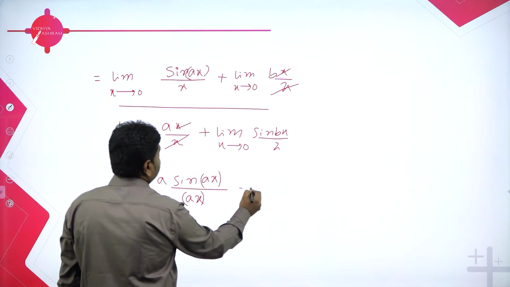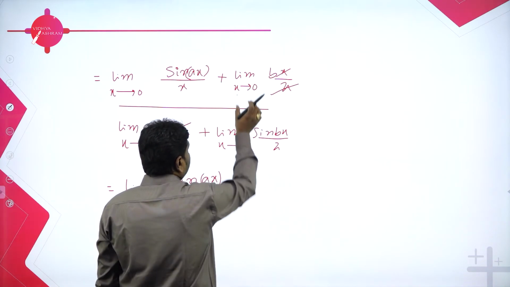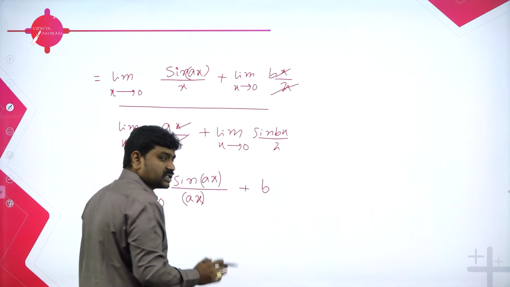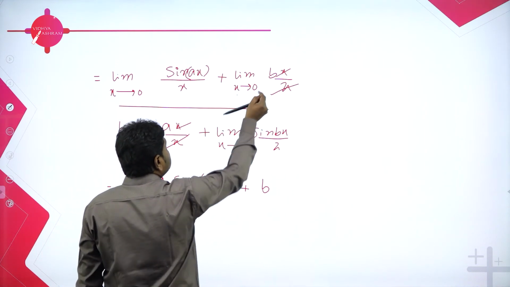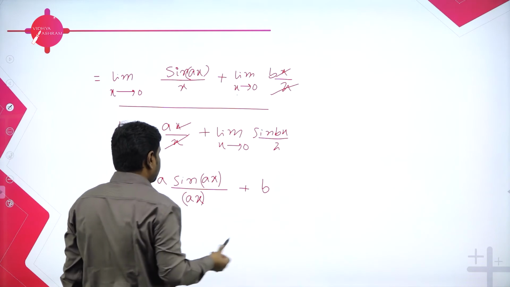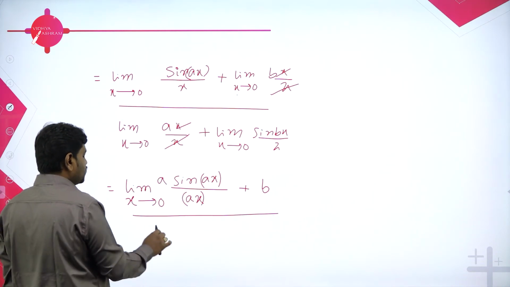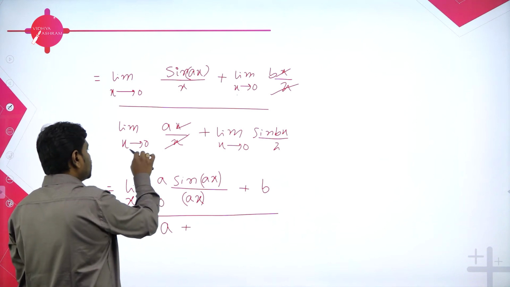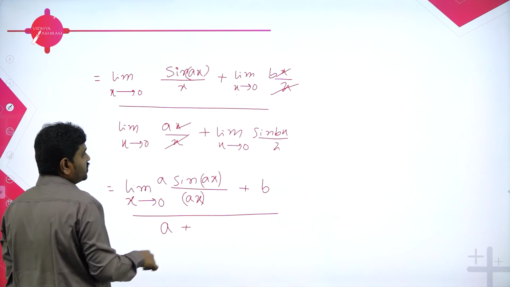Then similarly, limit x tends to 0, b is there. Here we don't have x to put 0, so it is b. The limit of a constant is the constant. Denominator also: limit x tends to 0, a is just a. If there is x, you put 0, but x is cancelled, so the constant is constant.